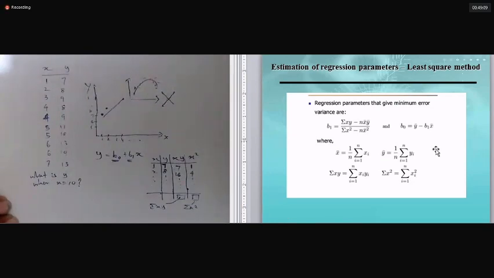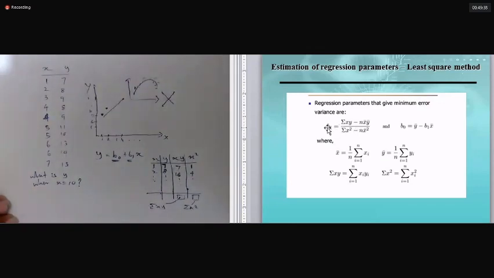Then sigma xy you can substitute here. Sigma x square you can substitute here. Then x bar and y bar, no problem, we can find. X bar square also we can find. So you can find B1 without any problem. If you apply this formula and use the values of this table, you can find it.